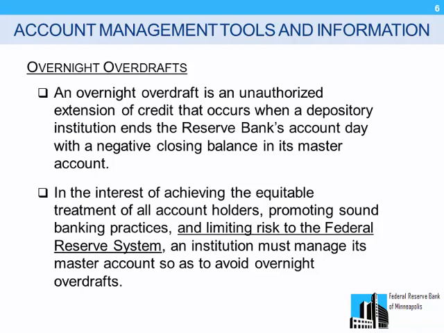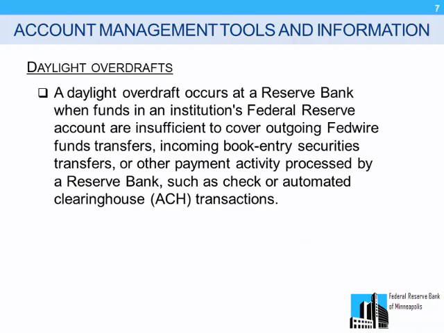Which leads us to overdrafts during the day, or what is known as intraday credit. The Federal Reserve Board developed the Payment System Risk Policy, also called the PSR policy, to address risks that the payment systems as a whole present to the Federal Reserve, to the banking system as a whole, and to other sectors of the economy.